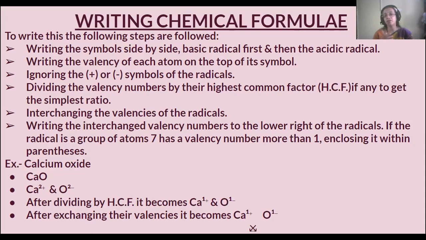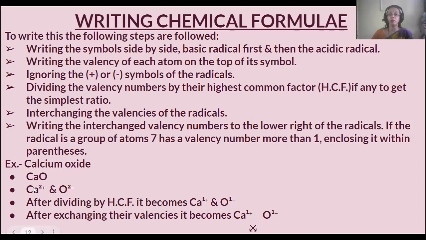Like I discussed with you about calcium oxide, CaO. Calcium has a valency of 2 and oxygen also 2, but calcium is 2 plus, a positive ion, and oxygen is 2 minus, a negative ion. This is a basic radical, this is an acidic radical. Then we divide by the HCF, the highest common factor.